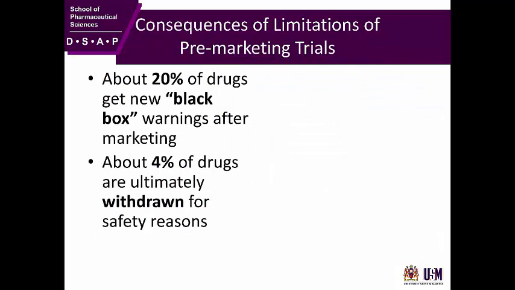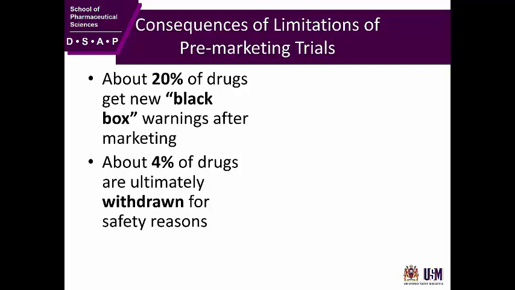So with the knowledge that we get from pre-marketing trials, we understand now that pre-marketing trials might not be able to detect totally the whole spectrum of the safety issues of the drug.